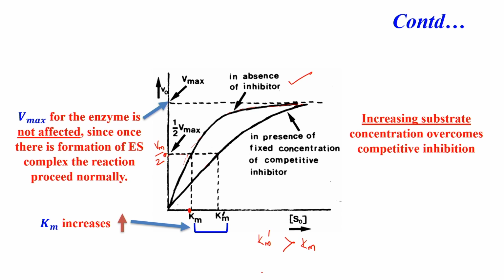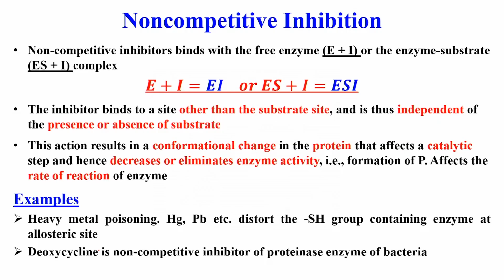How to overcome this? At the initial substrate concentration there is a difference in the rate, but as you increase the substrate concentration, you cannot observe a significant change in the rate of enzymatic reactions. So, increasing substrate concentration overcomes competitive inhibition. Again I repeat, V max is not affected since the inhibitor is not interacting with the enzyme substrate complex, and the Km value is increasing.